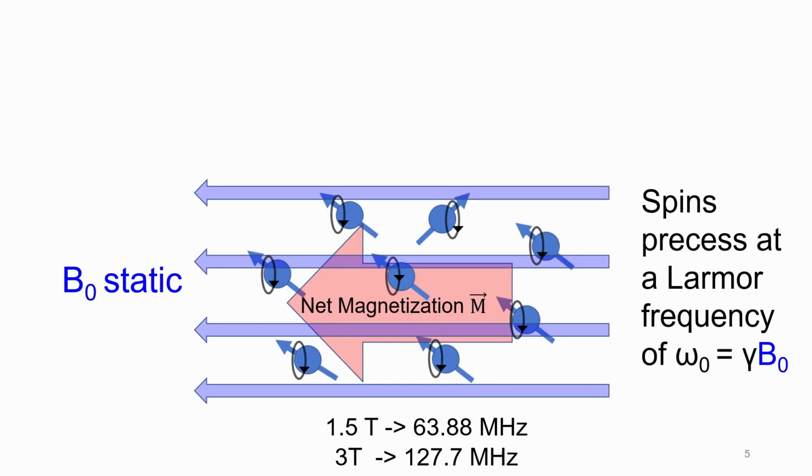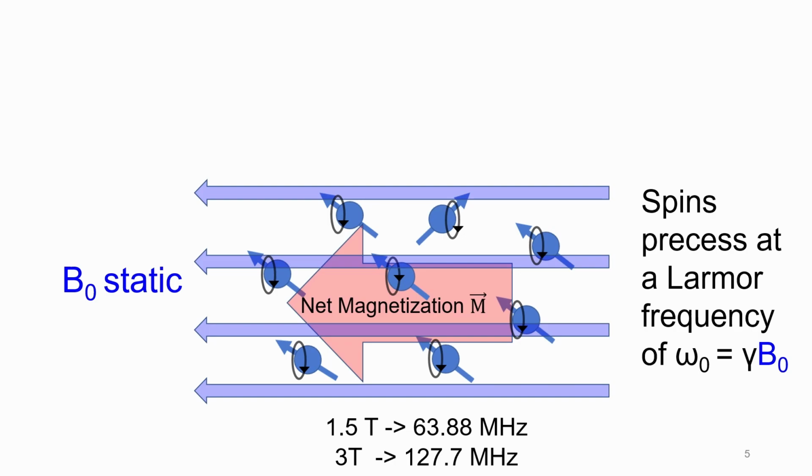Once we lie in a scanner in the B0 static field, these proton spins in your body will precess at what we call a Larmor frequency that is proportional to the strength of the B0 static field. Okay, and in clinical scanners, usually it's either 1.5 Tesla or 3 Tesla in terms of the magnetic field strength.